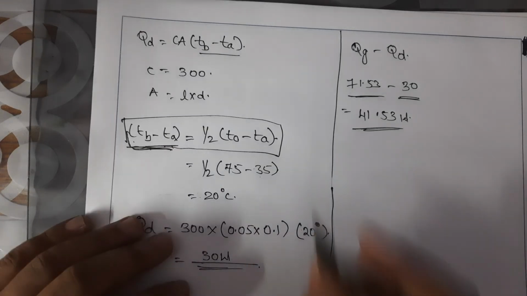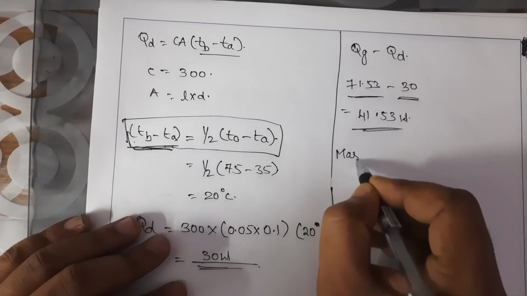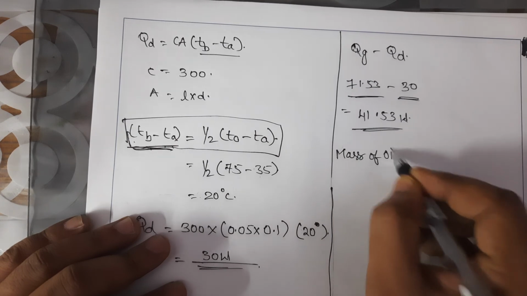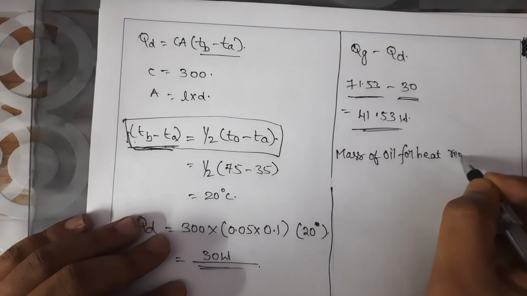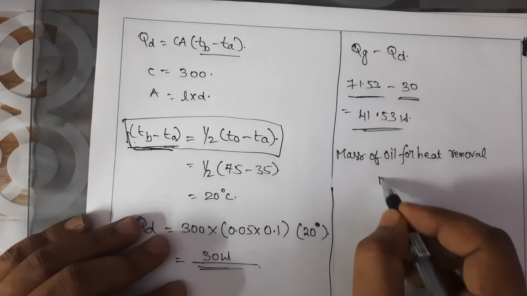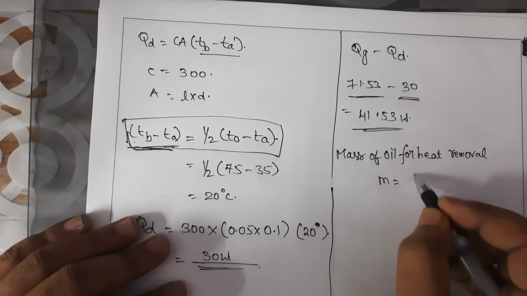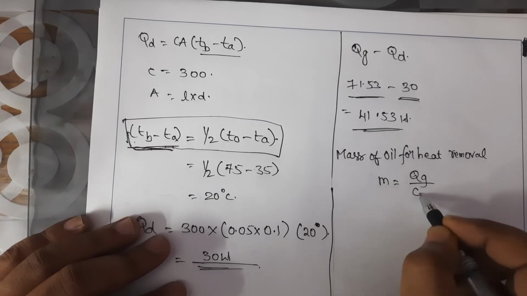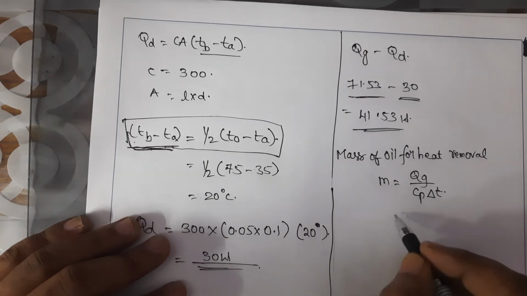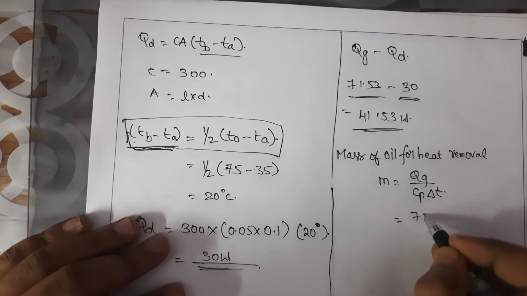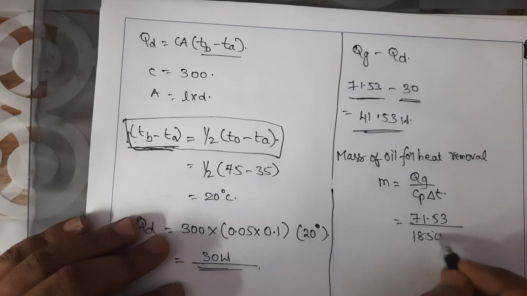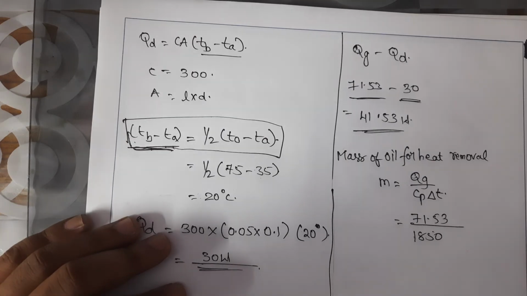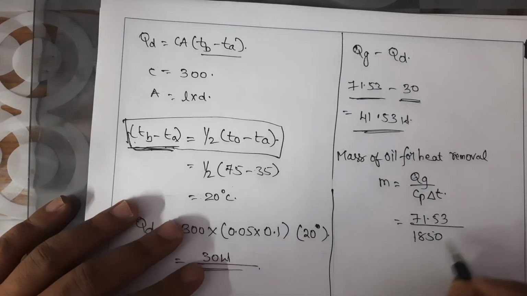So the mass of oil for heat removal, M is equal to Qg by Cp into delta T. The Qg value is 71.53 by the specific heat he has given as 1850, into 10.